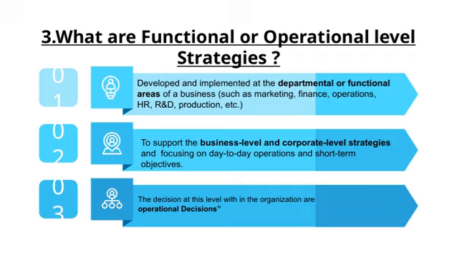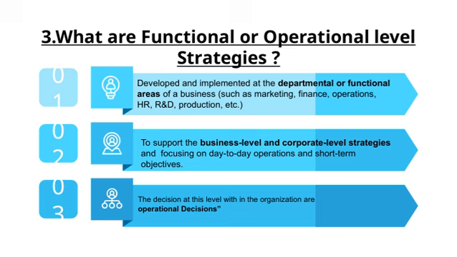These strategies are developed and implemented within different parts of the organization, such as marketing, finance, operations, human resources, R&D, or production. Each department tailors its plans to align with the larger strategic direction, making sure that every part of the business is working efficiently and effectively towards common objectives.